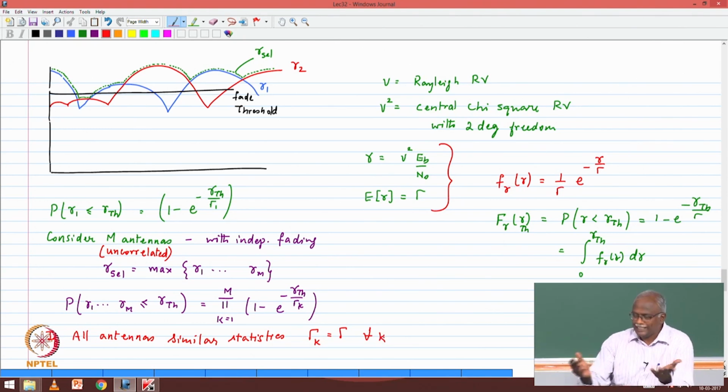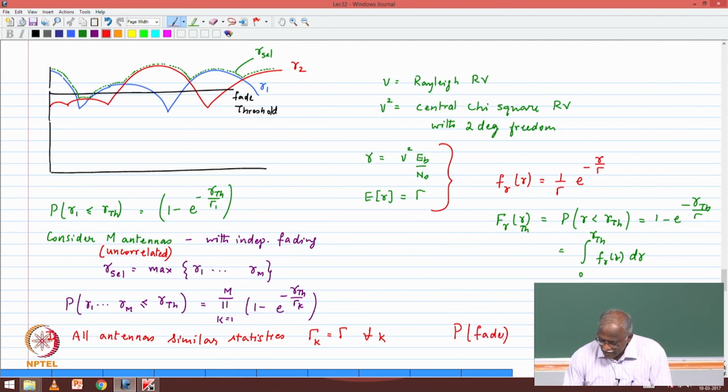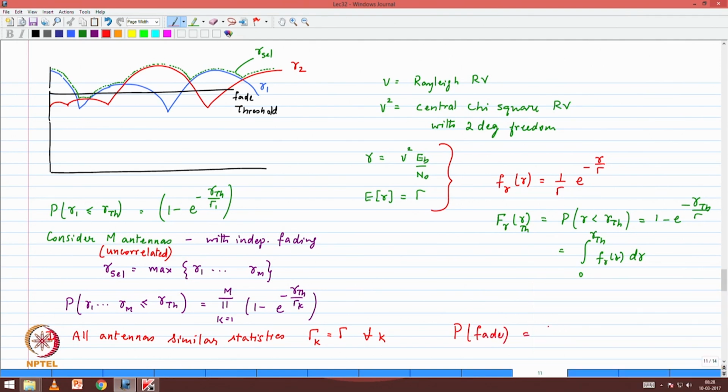That means all of them are seeing the same average SNR. Then the probability of a fade, that is all of them being below the threshold, will be equal to (1 minus e power minus gamma threshold by gamma) raised to the power m.